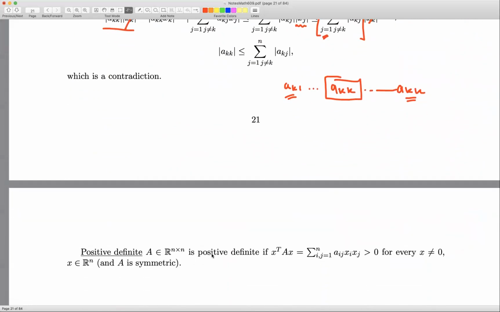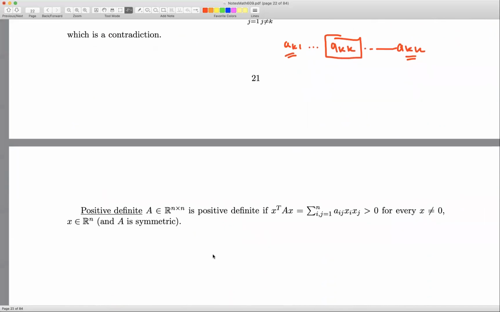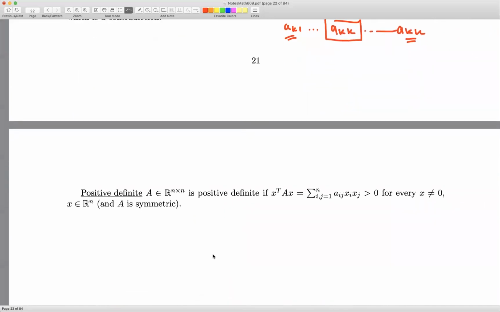Now, another definition that we're going to use later too. A matrix A is called positive definite if x transpose times A times x is bigger than 0 for every vector x that is different from 0. Definitions differ in different books.